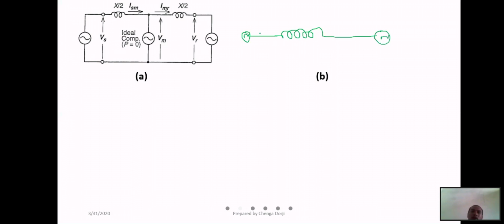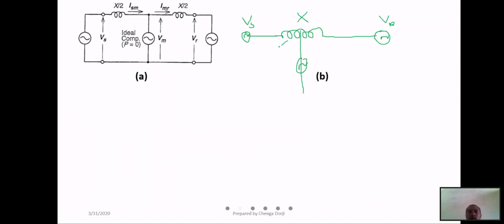This is your VS, this is your VR, and this is your transmission line reactance X. Now you give compensation at the midpoint, injecting reactive power.